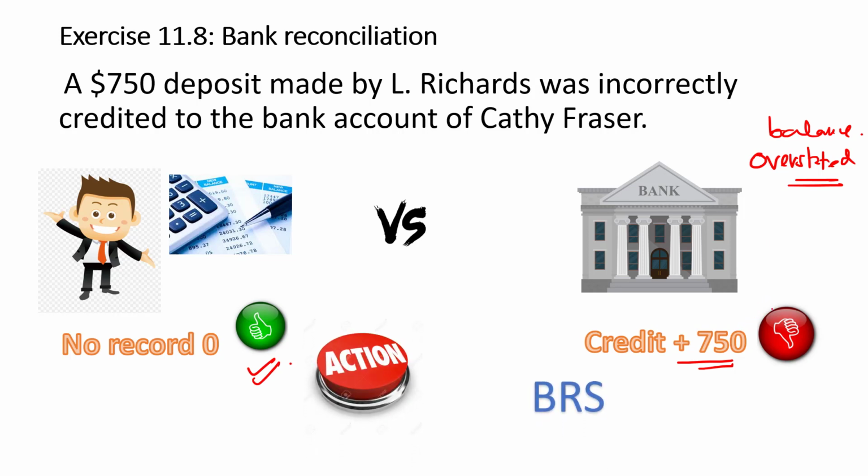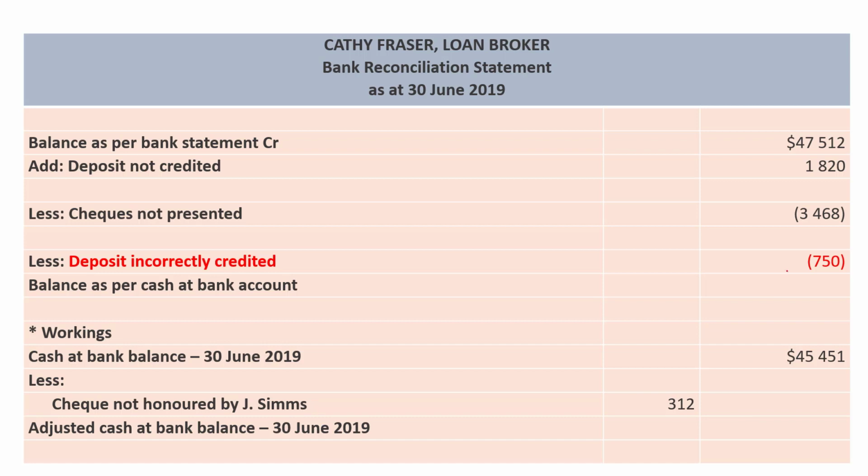We need to adjust our bank reconciliation statement by minus 750. So I put here the additional information: deposit incorrectly credited 750. That is the reason why our bank statement balance is overstated by 750.